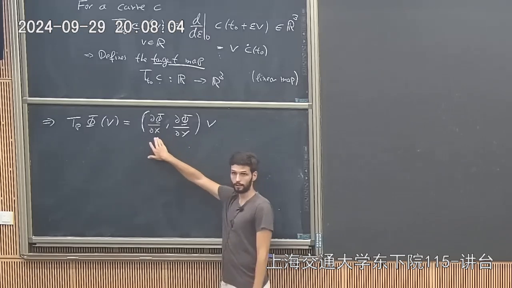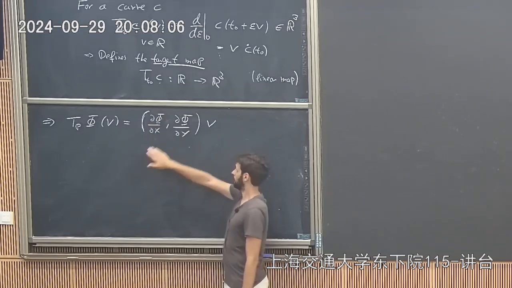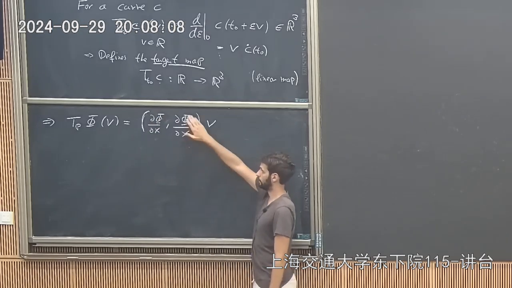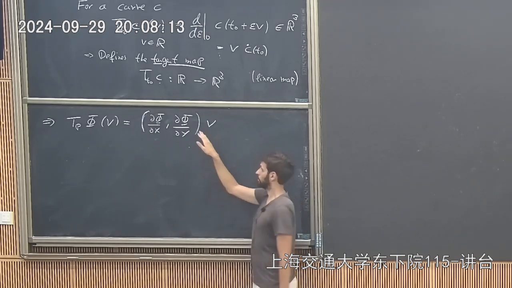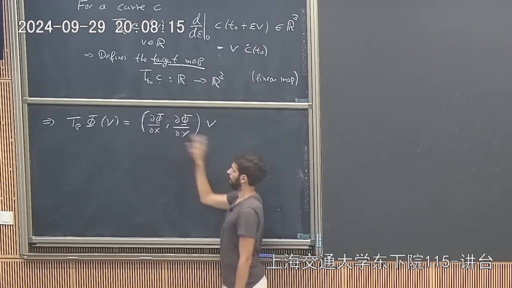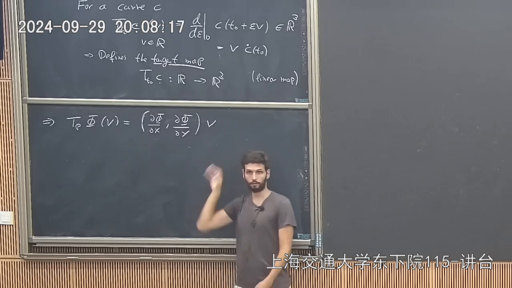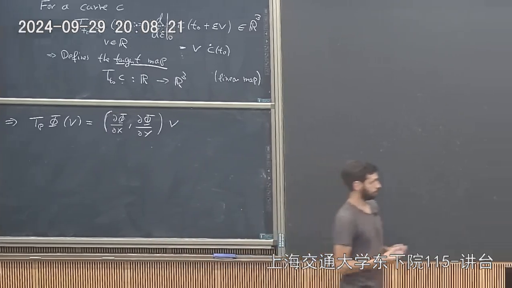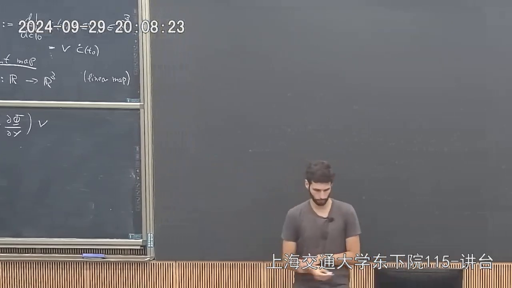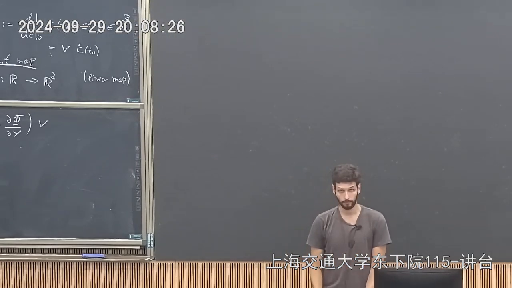I take the derivative in x direction, I get a certain vector. I take the derivative in y direction, I get a vector, and then I just multiply that or apply it to v. So that's usually way easier to calculate, but has, in my opinion, less conceptual idea of what is actually going on. But to work with it, this formula is the easiest.